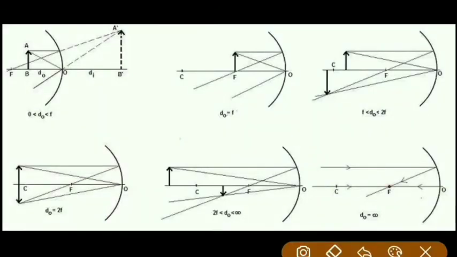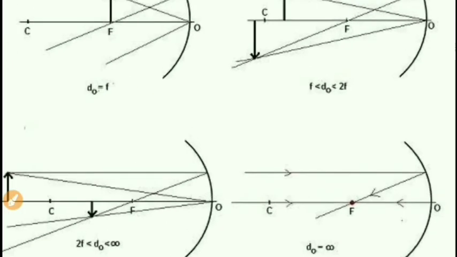Now students, in this figure you can see the different positions of the object, and the related different positions of the image which are formed are shown. Let us see one by one.